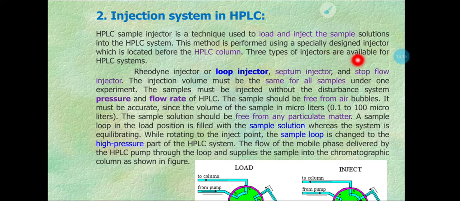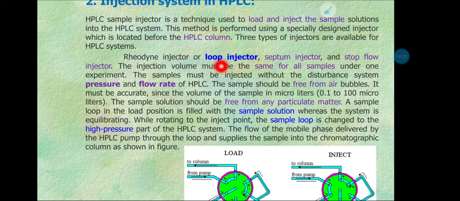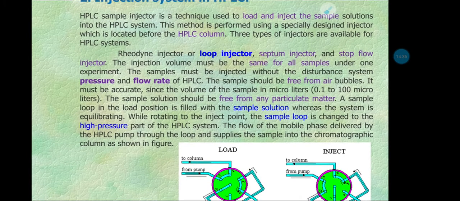There are three types of injector available for HPLC systems: loop injector, septum injector, stop flow injector, etc. The injection volume must be the same for all samples during the experiment. The sample must be injected without disturbing the system pressure and flow rate of HPLC.